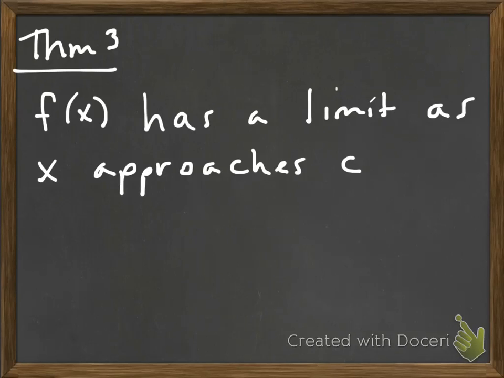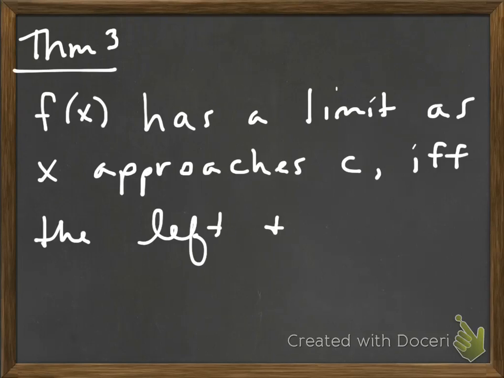If and only if, and the universal way to write that is an if with two f's. Should have learned that in geometry. If and only if the left and right hand limits are equal.